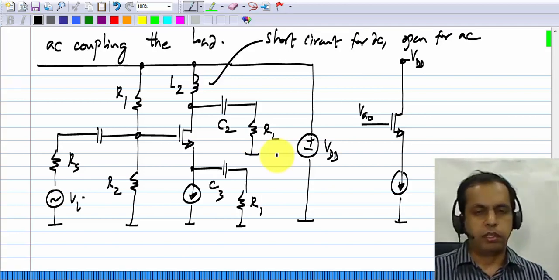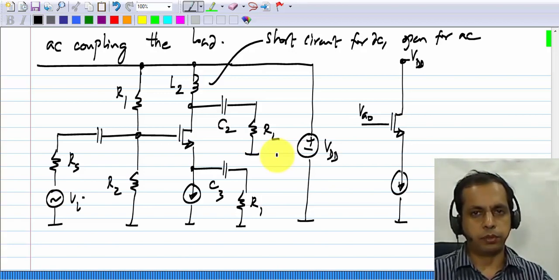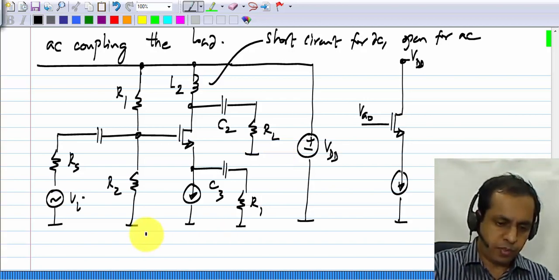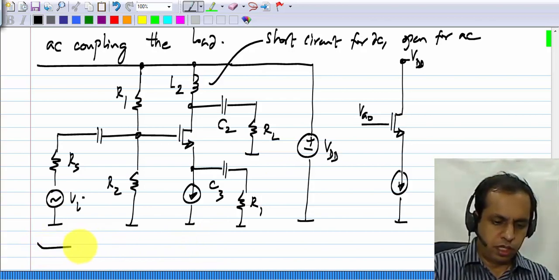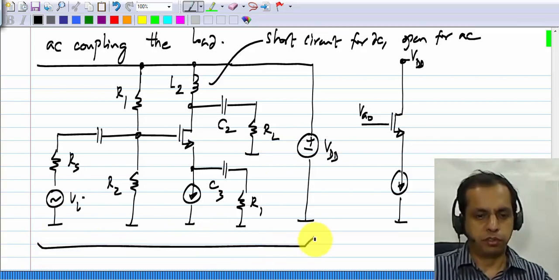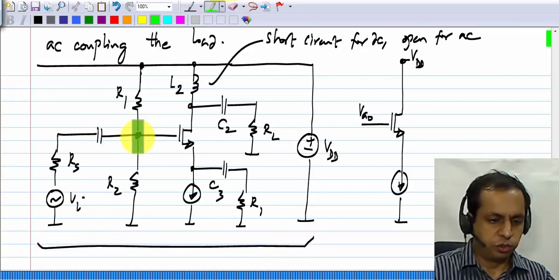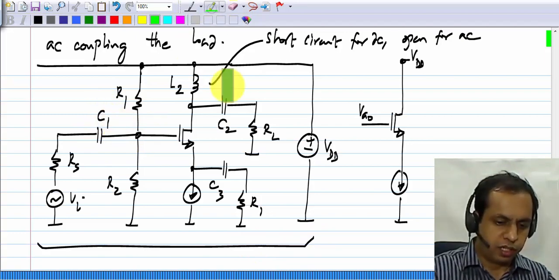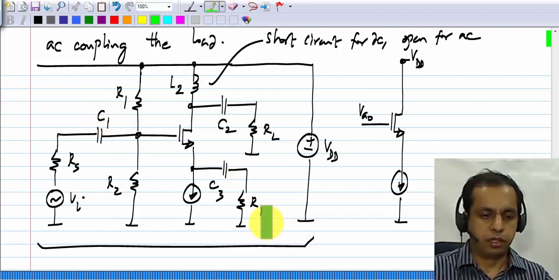Now, how do we evaluate the values of L2 and C2? You can write down the transfer function and evaluate it, but I will take an easier way and do it kind of step by step. Okay. Let me draw the small signal picture of this, and while drawing that, I'll assume that this C1 and C3 are already shorted and so on. Okay.